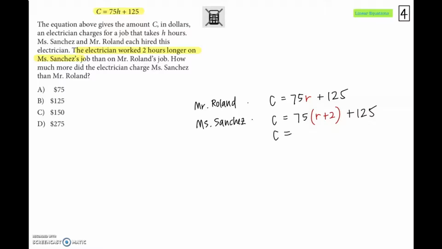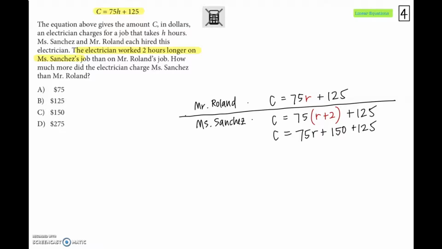Once we know that, we can clean this up. So for Miss Sanchez, let's put a bar under here so we know that these are separate equations, separate ideas. Okay, so 75 times, and we're going to distribute this 75 through the parentheses and multiply it by both of those. 75 times R plus 75 times 2 is 150 plus 125.